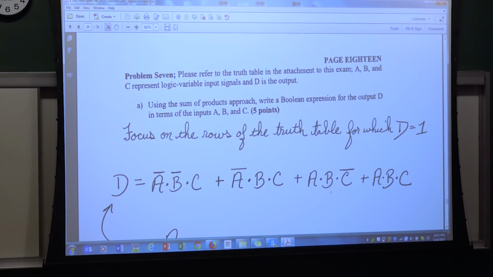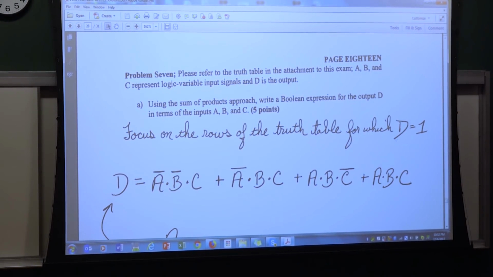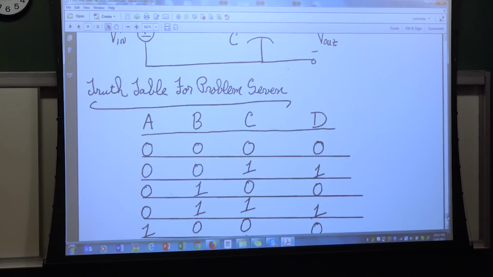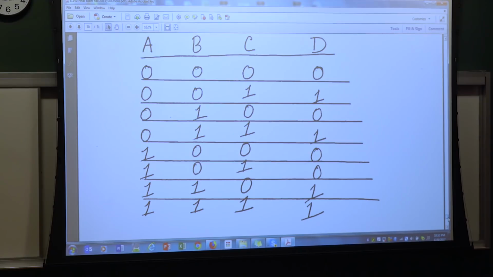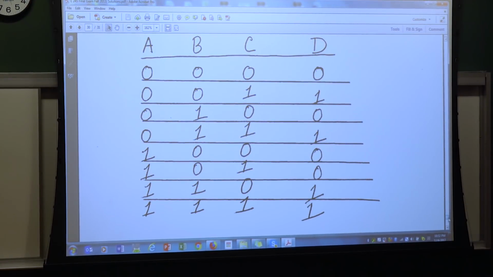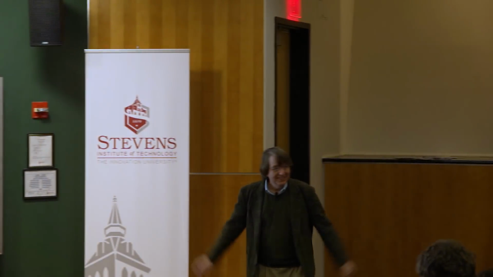Now, before you say, what the heck is going on here, let me show you the associated information. Why the moaning and groaning? This is circuits. There's no moaning and groaning. We're happy. We're happy electrical engineers.